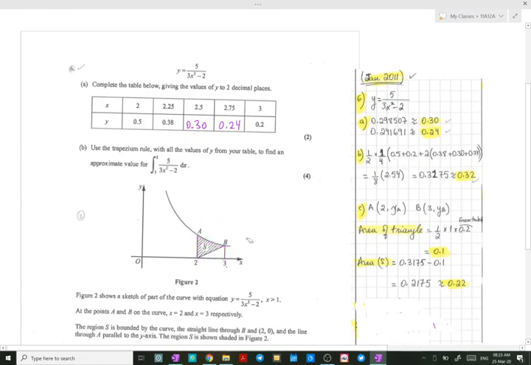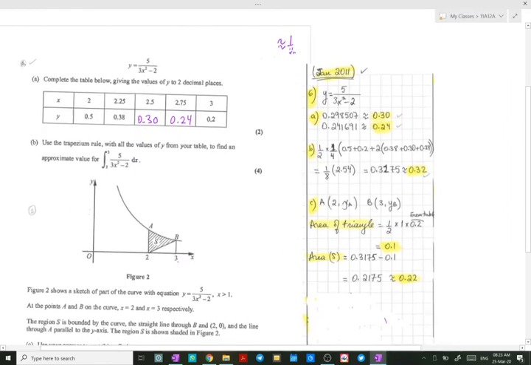In order for us to find an approximation, we use the trapezium rule, and the approximation is equal to 1 over 2 times h. Let me write it here.